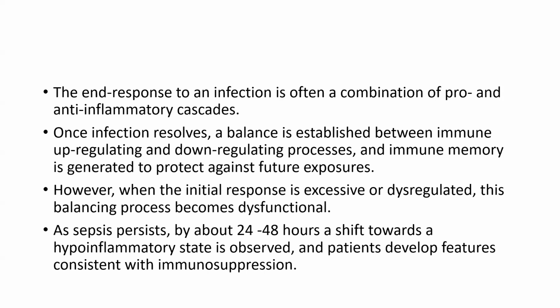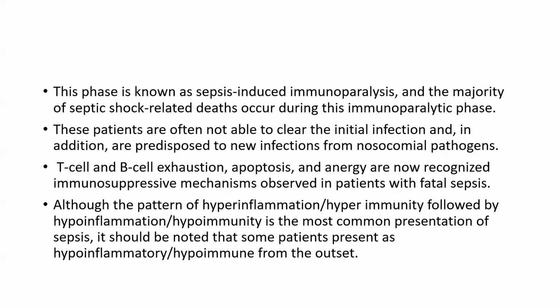However, when the initial response is excessive and dysregulated, this balancing process becomes dysfunctional. As sepsis persists beyond about 24 to 48 hours, a shift towards a hypoinflammatory state is observed, and patients develop features consistent with immunosuppression. This phase is known as sepsis-induced immunoparalysis, and the majority of septic shock-related deaths occur during this immunoparalytic phase.